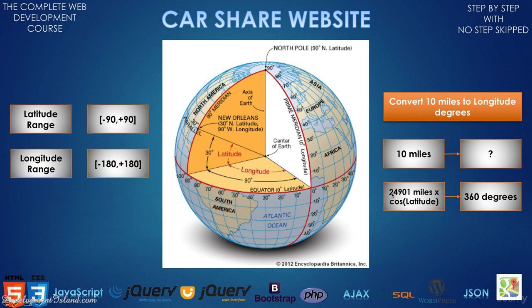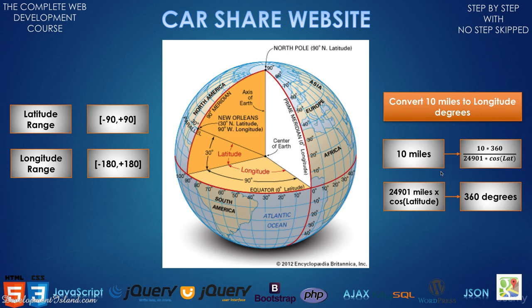That's 24,901 miles multiplied by the cosine of the latitude. Now we want only 10 miles. So the result is that multiplied by that, divided by that, and that gives you the tolerance for the longitude.